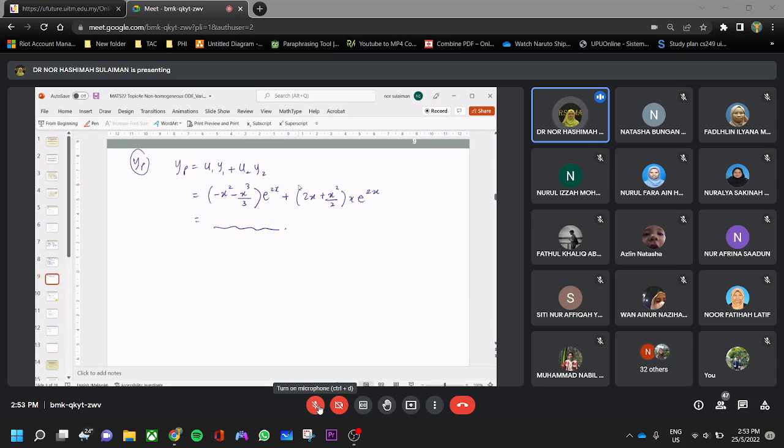Dah dapat YP akhirnya. Okay, hence the general solution is y equals to yc plus yp. Yc dapat apa tadi? C1 e to the power of 2x plus C2 x e to the power of 2x, and then plus yp yang kita dah cari kat sini ni.